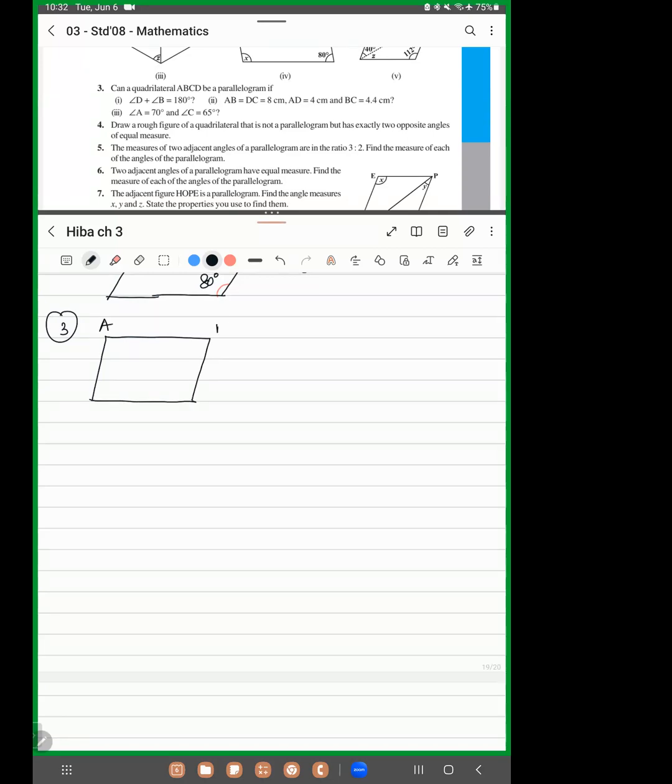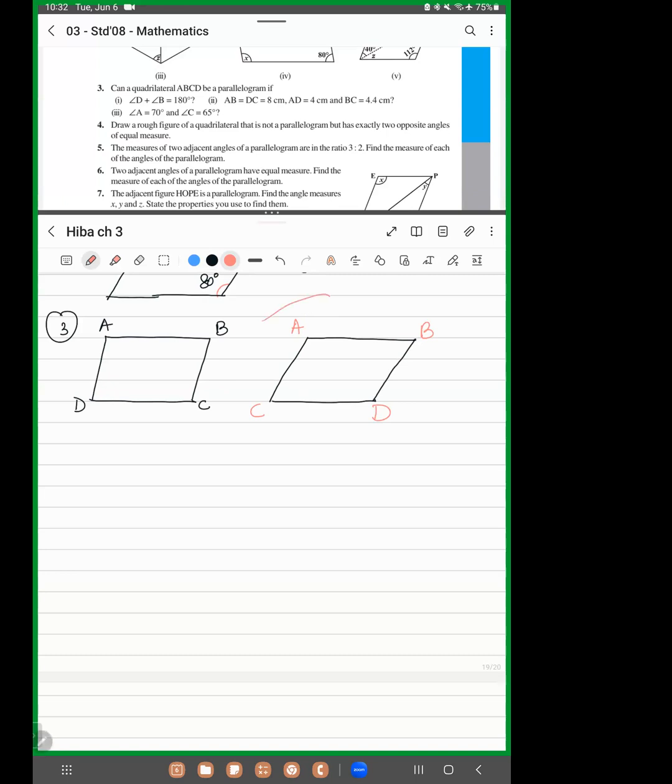A, B, C, D. A lot of students make this mistake, and I want you to be aware of it so that you don't ever make it. When they want to name a parallelogram, or any quadrilateral for that matter, they write it as A, B, C, D. Is this correct or wrong? It is wrong. C should lie under the line of B.